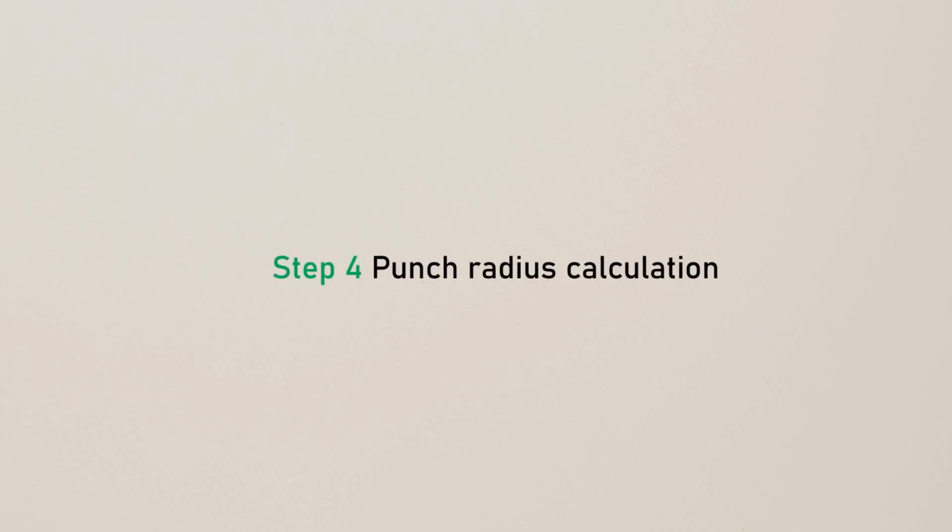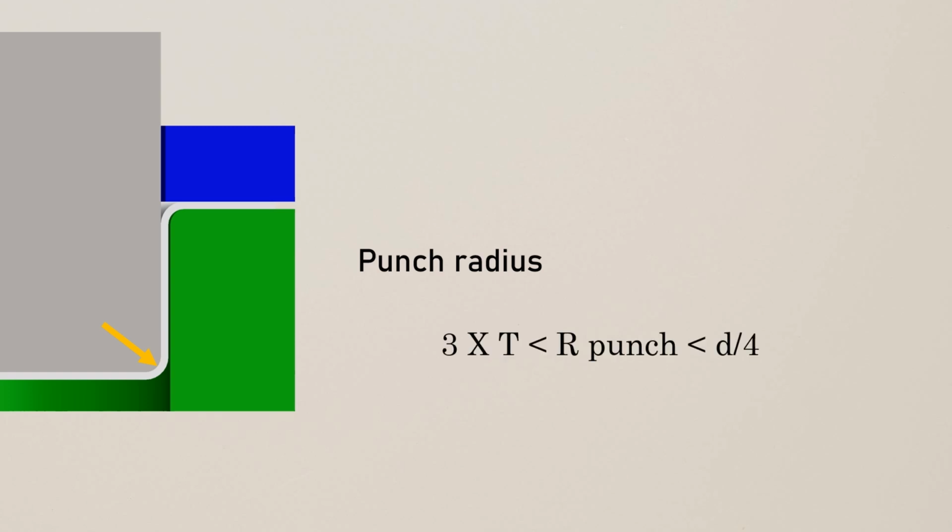And now let's move to the punch edge radius. As per the thumb rule, the punch radius should be more than 3 times the sheet thickness, but less than 1/4 of the cup diameter. Why these limits?